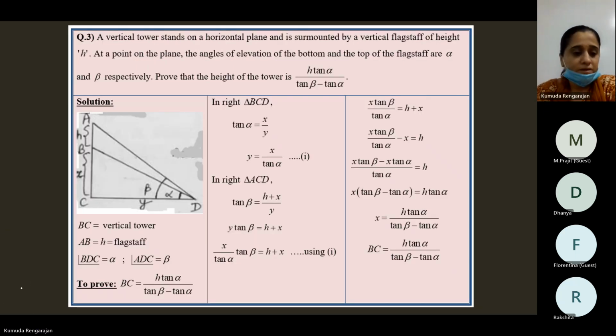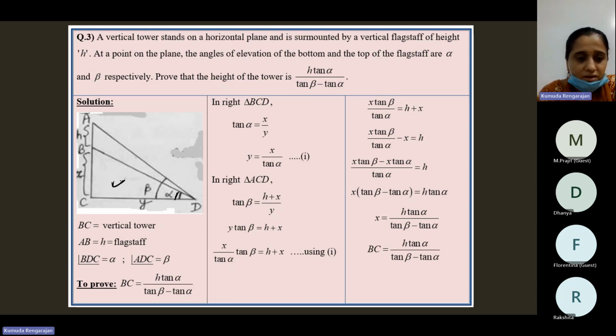So the procedure is the same, children. The question may read different, the information is different, but the procedure to arrive at the solution is the same. So see here. You understood the figure? So now take the smaller of the two triangles, where you have this one, alpha.